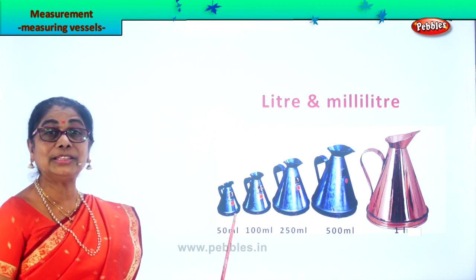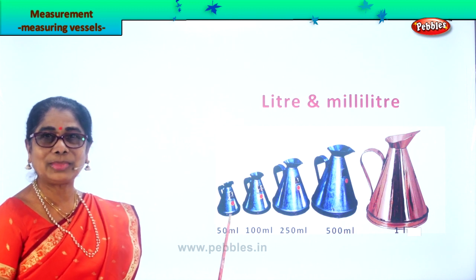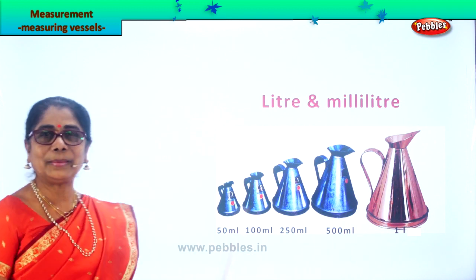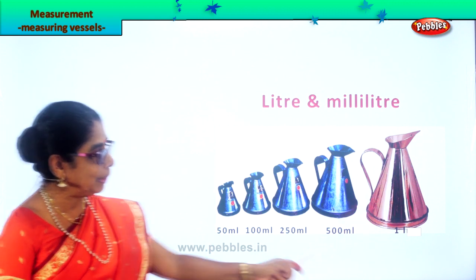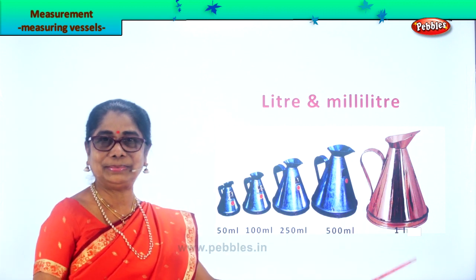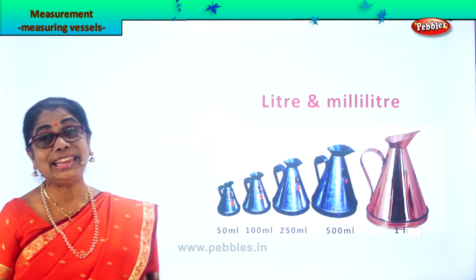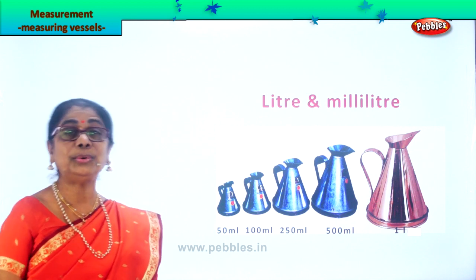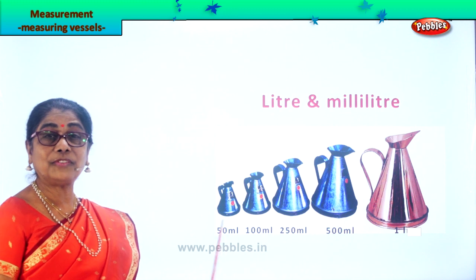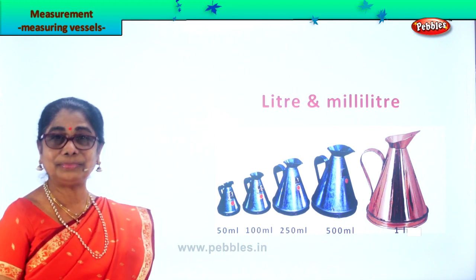So 50 ml is the smallest measuring vessel here, and the biggest here is 1 liter. So these are the vessels used for measuring any liquid that you would like to transfer from one vessel to the other.